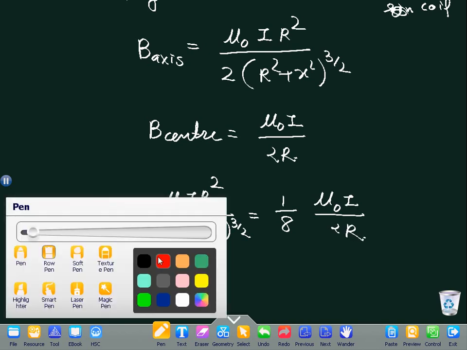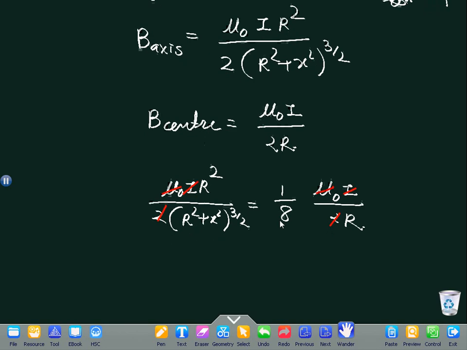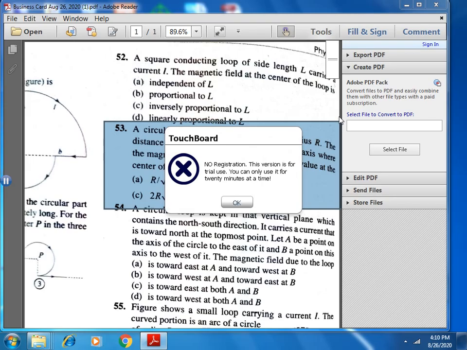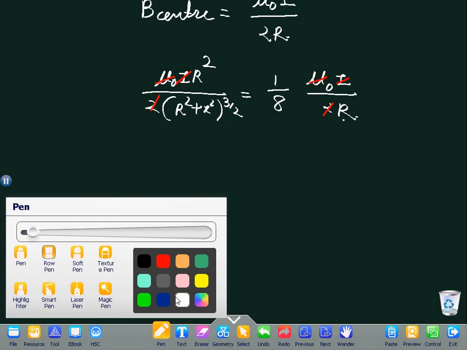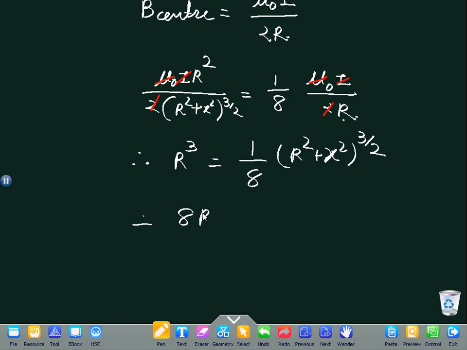Now mu naught and mu naught will cancel, I and I will cancel, 2 and 2 will cancel, and this r will multiply with r square, so it is r cube equal to 1/8 times (r square plus x square) to the power 3/2. It is 8 r cube equal to (r square plus x square) to the power 3/2.